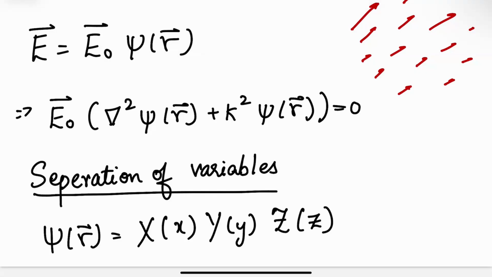This is a specific type of solution that we're looking for, one that can be separated into these three factors, where each factor is only a function of one of the variables x, y, or z.